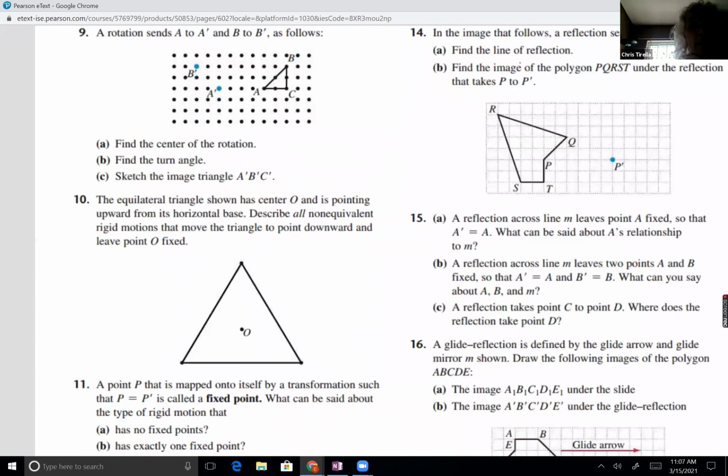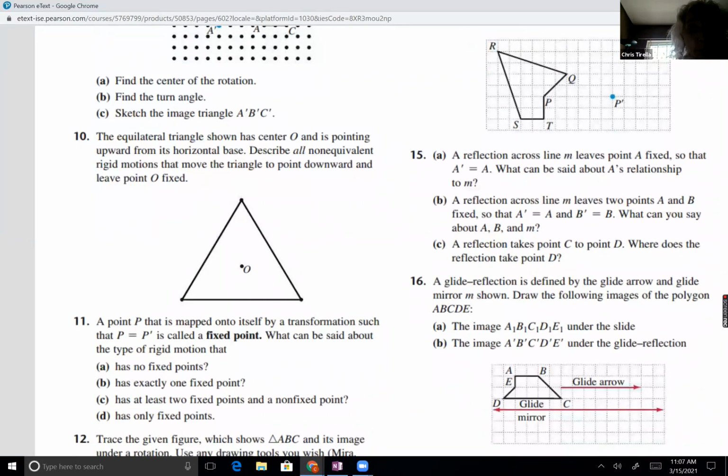It has a center at O, and it's pointing upward from its horizontal base. We want to describe all of the non-equivalent, which means different, rigid motions that move the triangle to point downward. So we want to picture doing a transformation that takes that triangle, and instead of pointing up, it points down. But we want to leave that center fixed. We don't want that center to move.